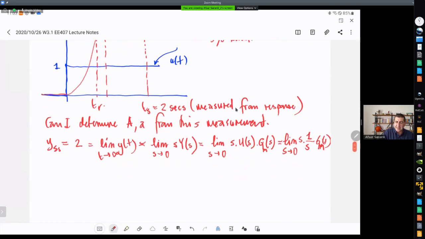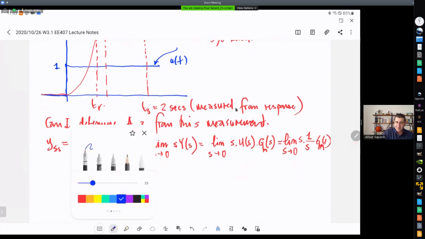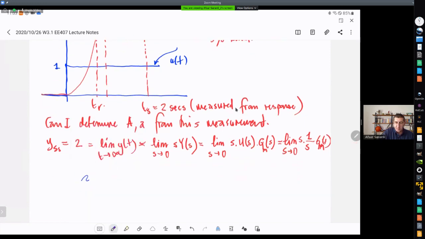Let's calculate that. So Y steady state, which is equal to 2, has to be equal to the limit as s goes to 0 of s times 1 over s, cancelled, times GM of s. What is GM of s? It is equal to A over s squared plus a s plus 18.